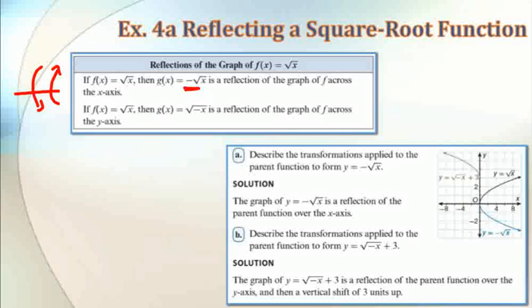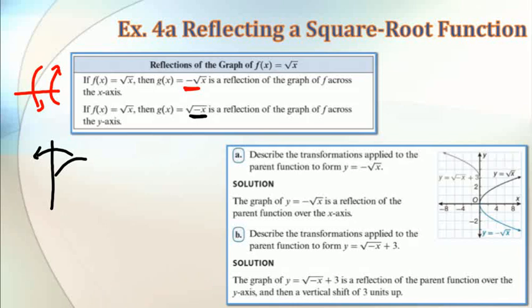On the other one, here you have the negative on the inside. And so if the negative's on the inside of the x, that means that it crosses the y-axis. So if this is my y-axis, if my graph is going here, it's got to reflect to the other side over the y-axis.